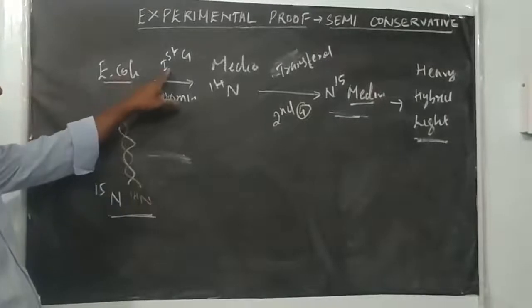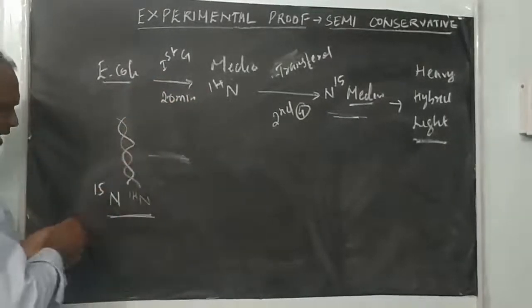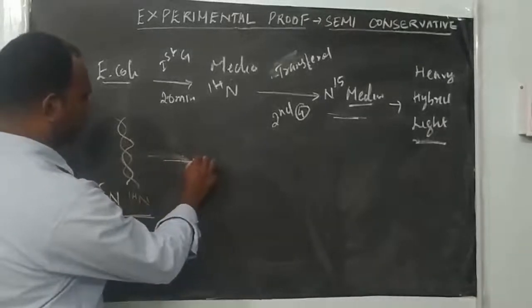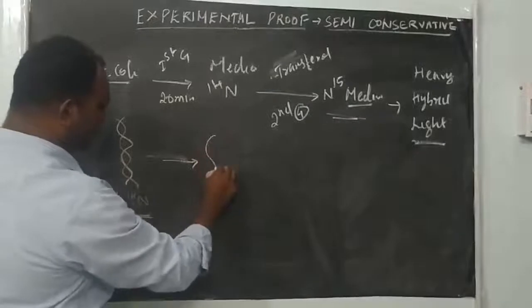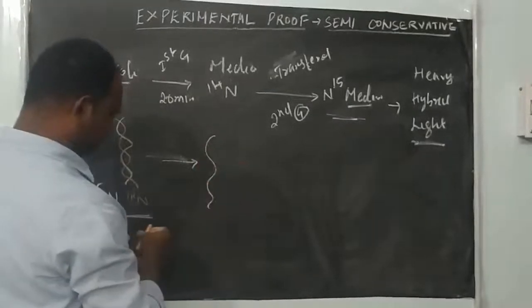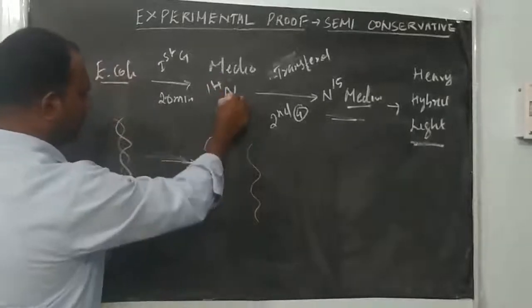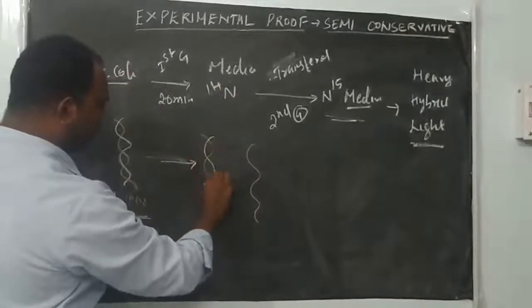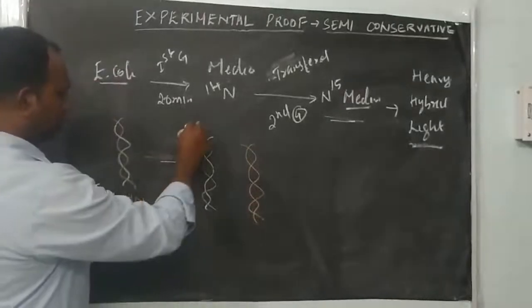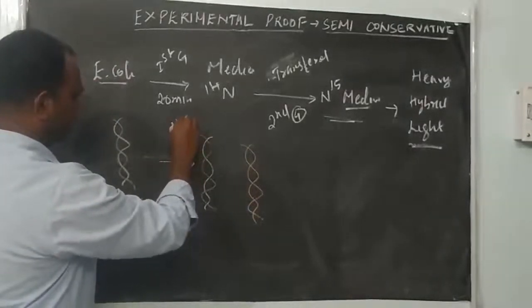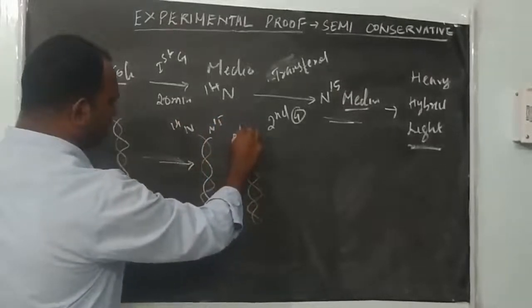So the first generation is N14, with hybrid DNA. Here we are growing the hybrid DNA in N14 media. The two strands separate like this. For the newly synthesized strands there will be only N14. So the old strand is N15 and the new ones are N14.